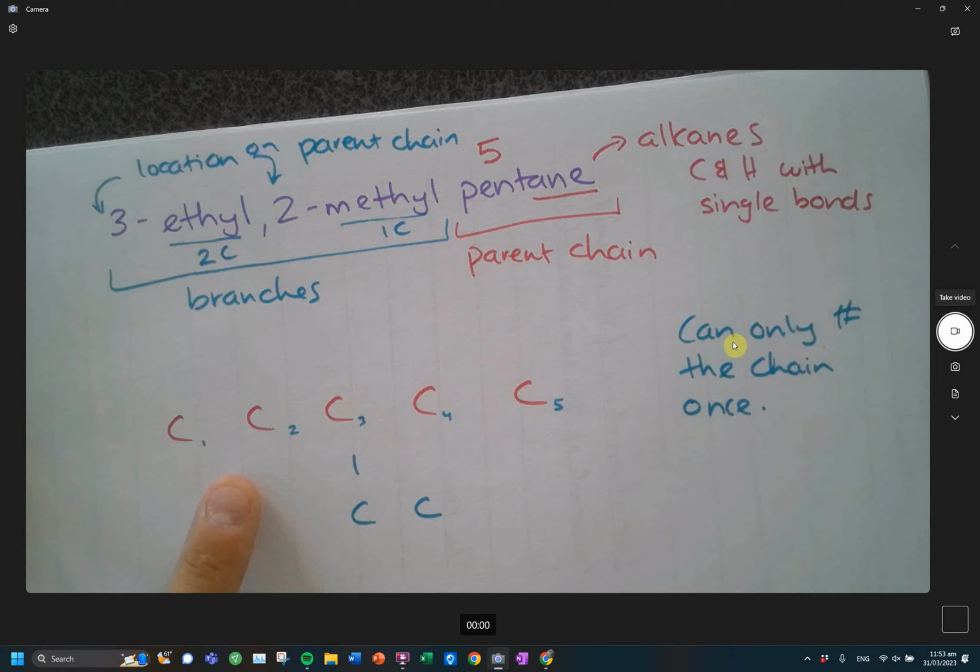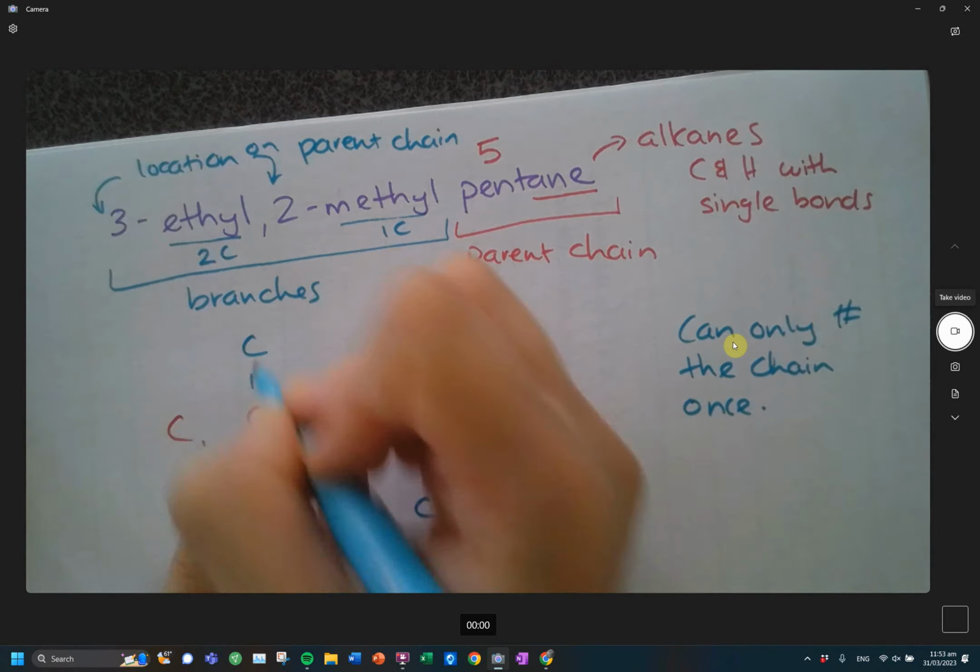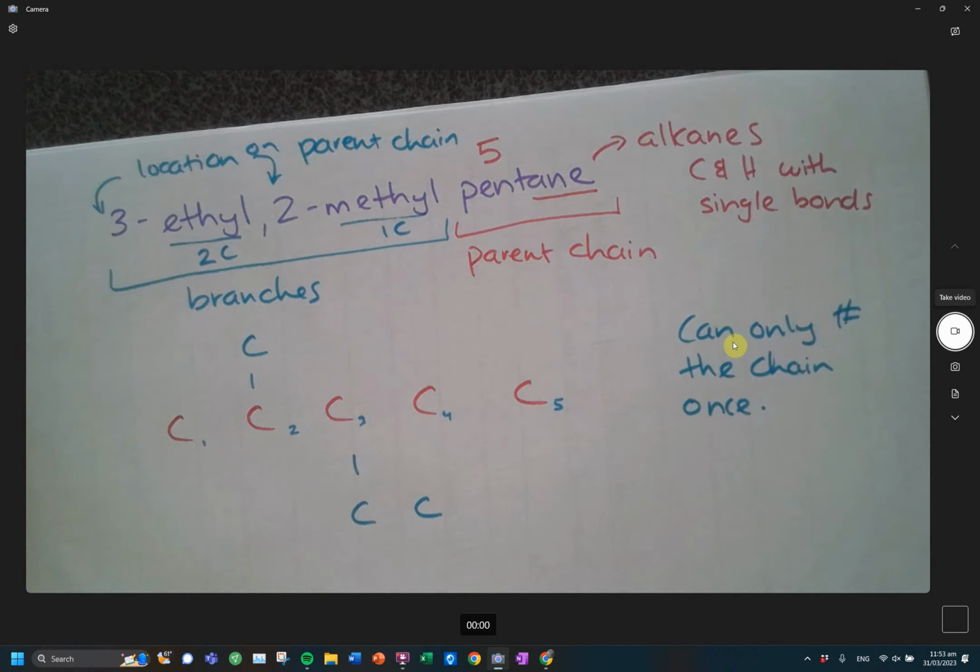And then carbon number 2, I should have a 1 carbon chain coming off. Doesn't matter if they're both up or both down, or one's up or one down. I'm doing 1 up and 1 down, so that way I have more space. Are you okay with that so far?